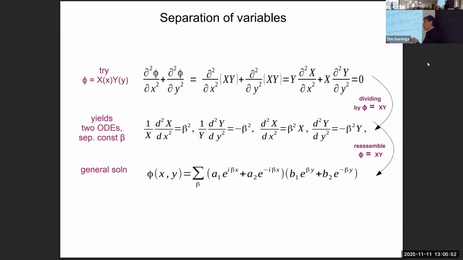It's all built on the assumption, or a guess, that you can separate the variables. But if that hypothesis is valid, then this is a general solution to the problem.